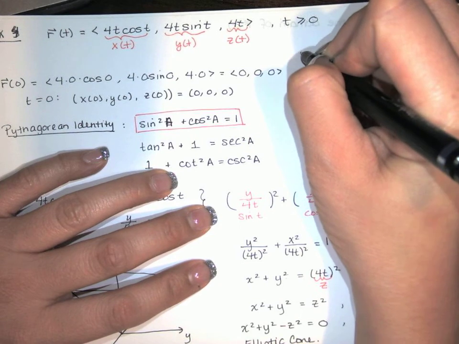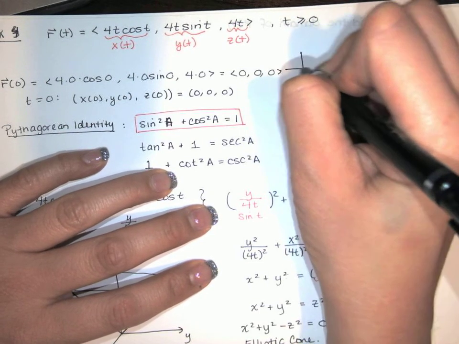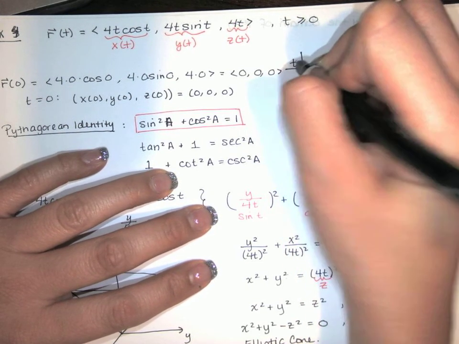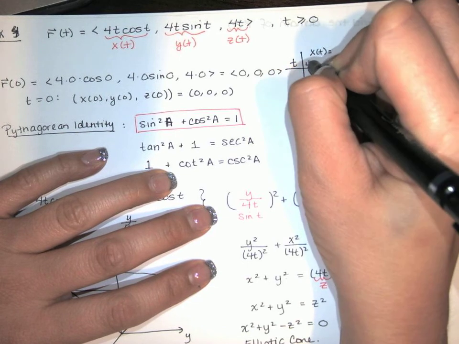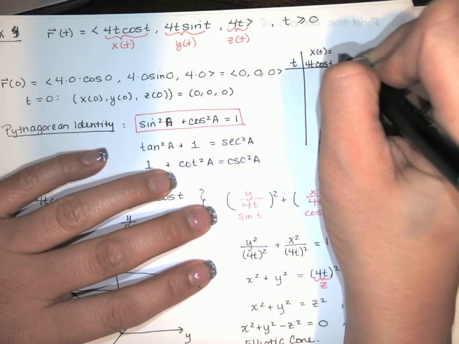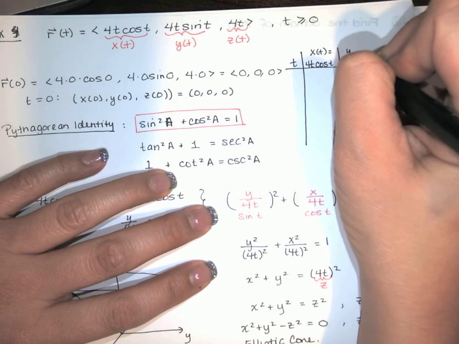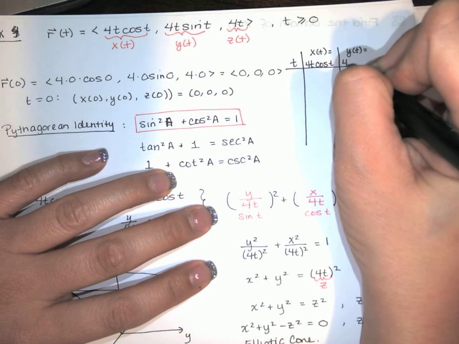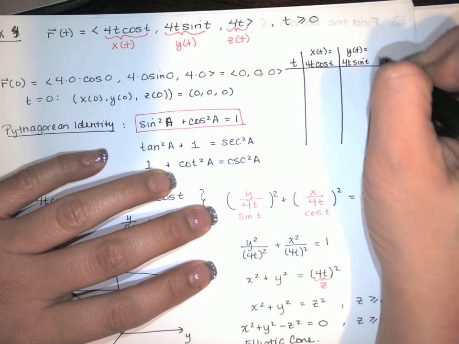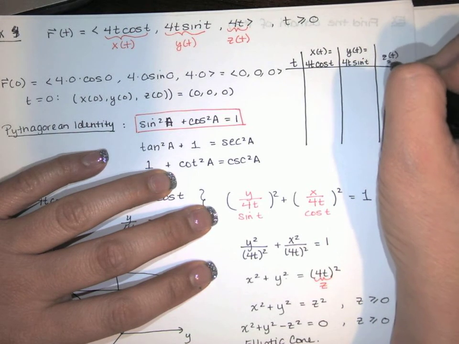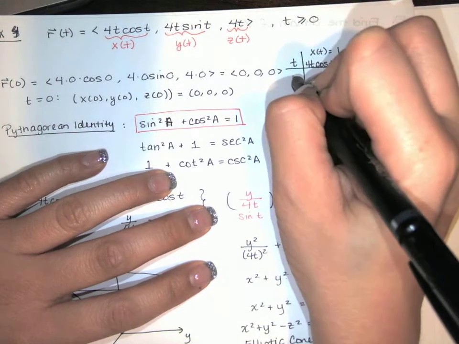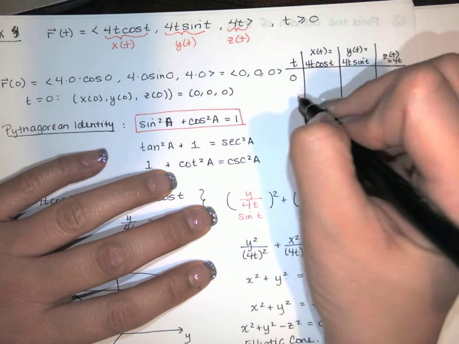So let's create a little chart. I want t, I want x of t, which is 4t cosine of t, y of t, which is 4t sine of t, and z of t, which is just 4t. I'll probably do that one first. So let's let t go from 0 to 2 pi.